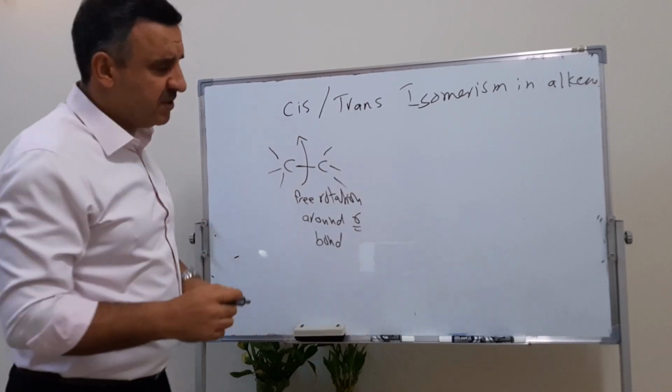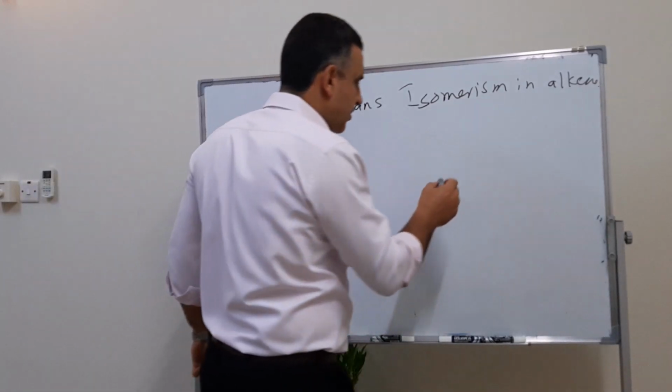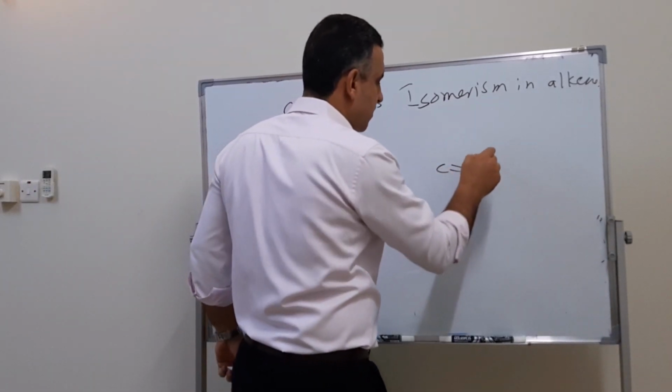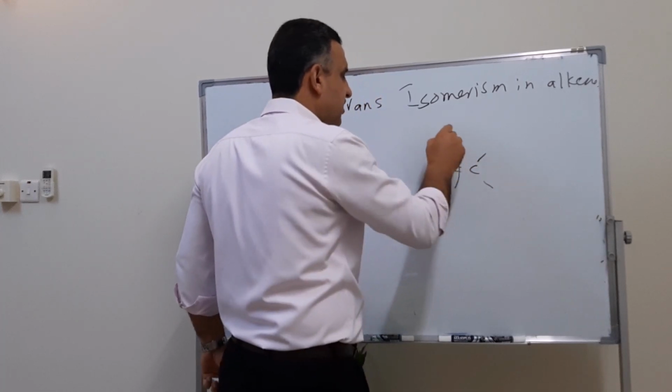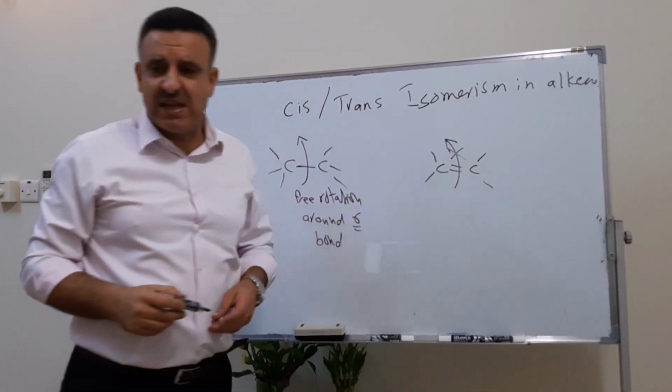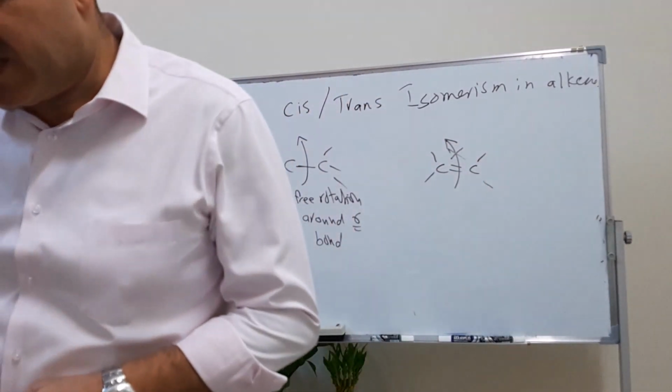But the difference between sigma bond and carbon double bond carbon is that free rotation is prohibited, is not allowed in carbon double bond carbon.